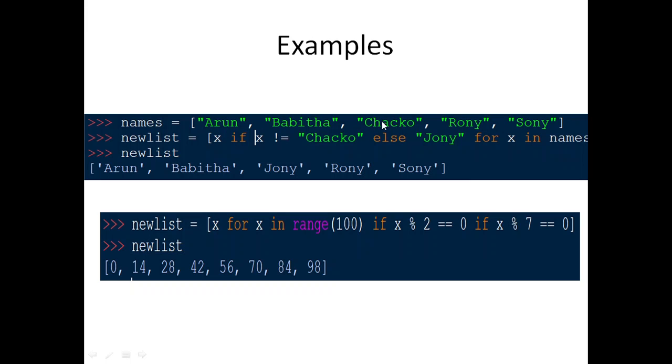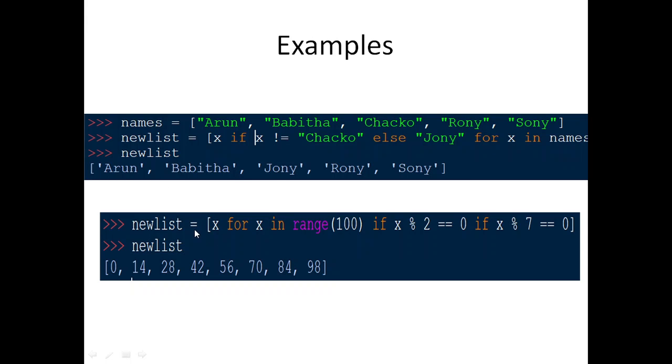So if Chaco is there, Chaco will be replaced by Johnny, and the rest of the names will be as such. So this is what it does. This line here is actually the cursor, so don't mistake it. So: x if x not equal to Chaco, else Johnny, for x in names.